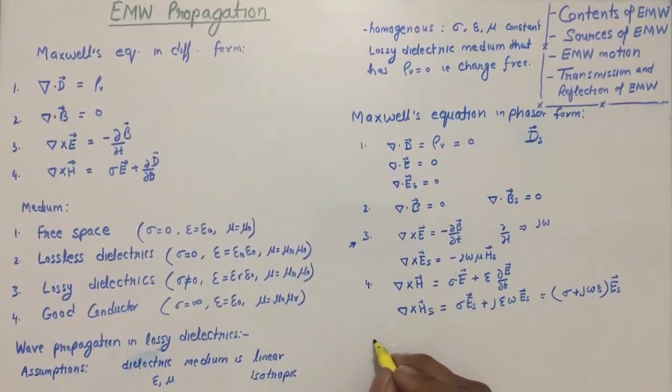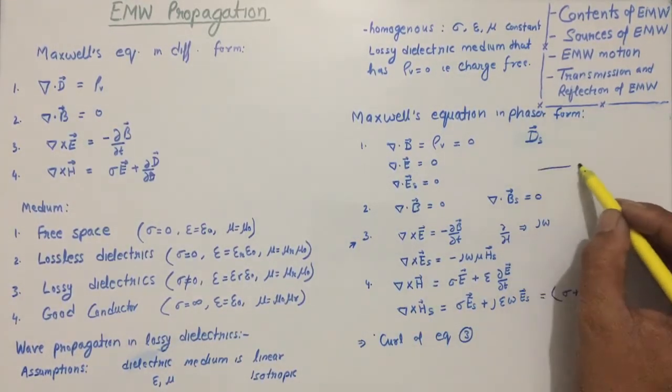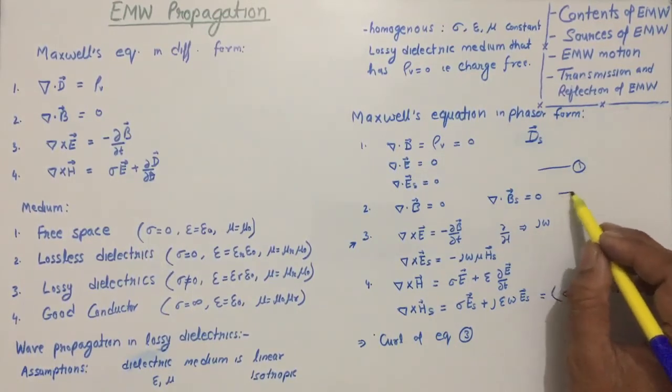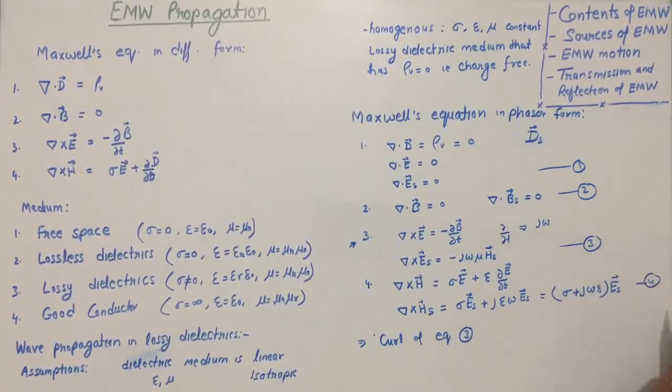So take the curl of equation 3, if the first is equation 1, then the second is equation 2, and then equations 3 and 4. Curl means just cross product with the del.